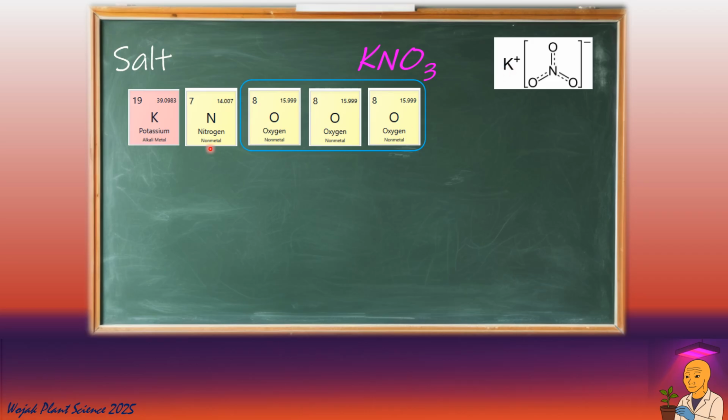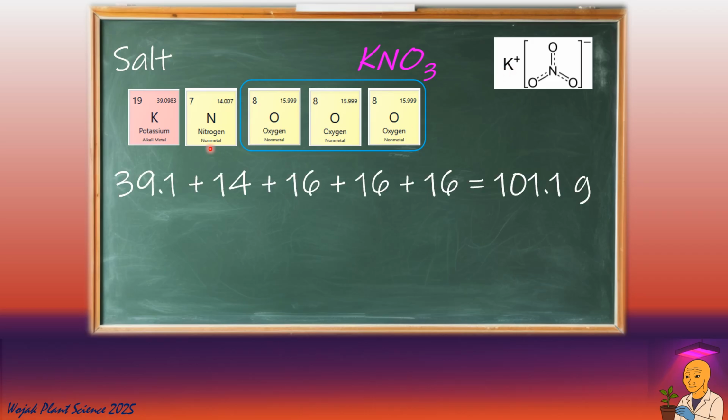So when we have potassium, we have 39.1, so we round these numbers. And we have 14 and 3 times 16. And we just need to add these numbers up, and then we have the molar weight of potassium nitrate.